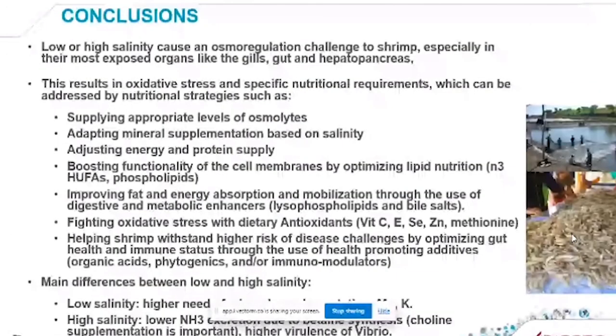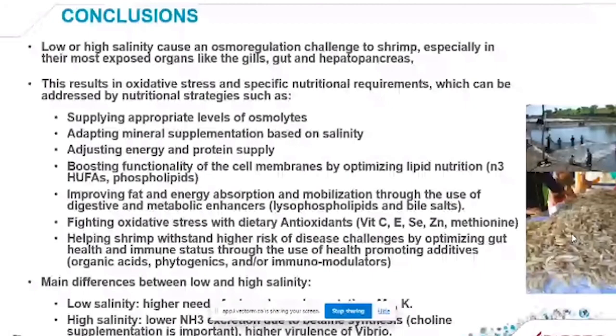what I could say about osmoregulation. And I would like you to remember that both low and high salinity cause a strong osmoregulation challenge and stress to the shrimp, especially in the most exposed organs, which are the gills, the gut, and the hepatopancreas that you want to support.